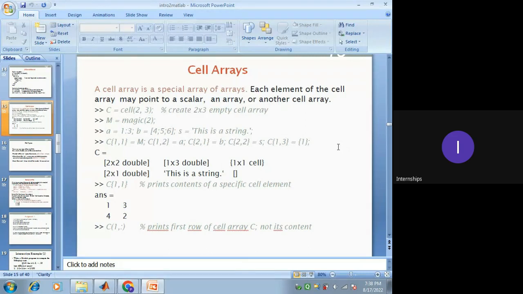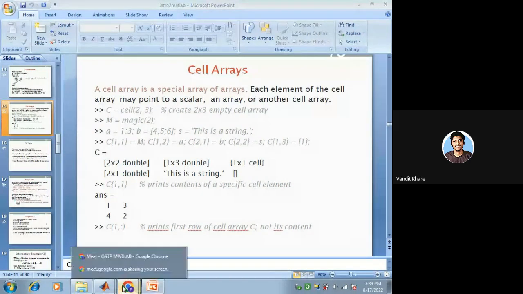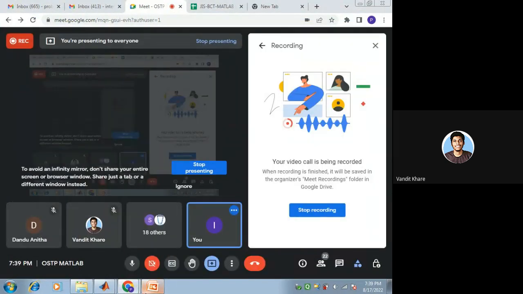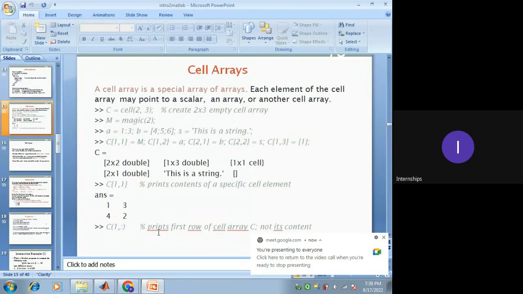This is an example of cell array. Is it visible to all? Yes, sir. Okay. Just see this one.